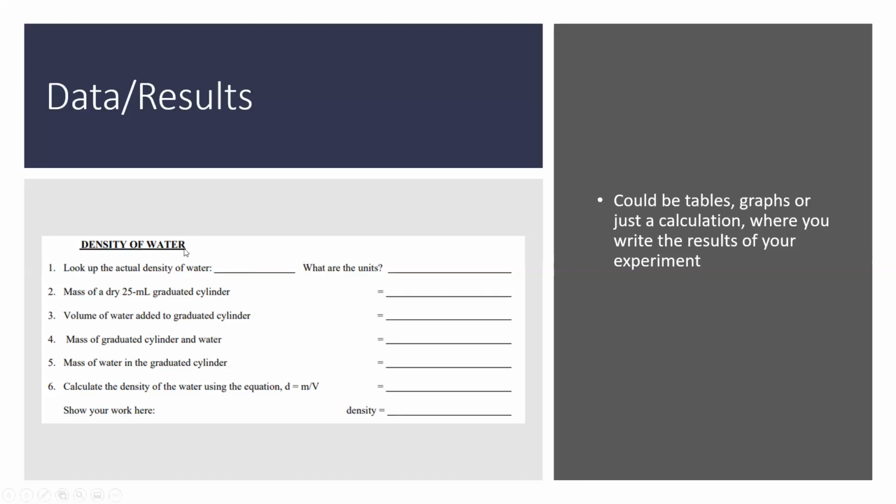If it is just an observation, you will say, oh, the color of the flame when I introduce the sample of this cation is red. Okay? Because the observation sometimes could be qualitative.